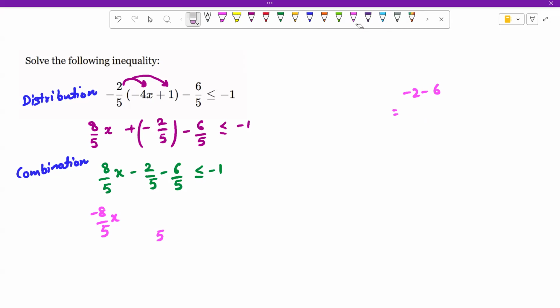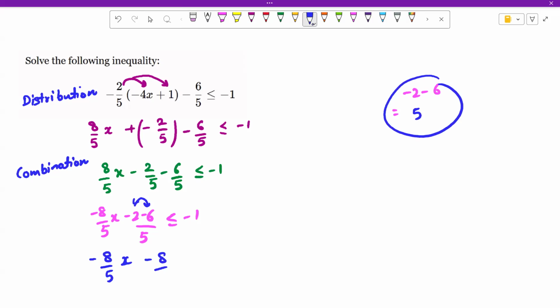Very good, negative 8. See, the denominator of both of them is 5, and there was a negative 2 and negative 6. So when we solved it further, we got negative 8 over 5 x and negative 8 over 5. When we have made the denominator the same and we are confused, just check what the answer would be if the numbers are separate from the denominator. It will be easier to understand.